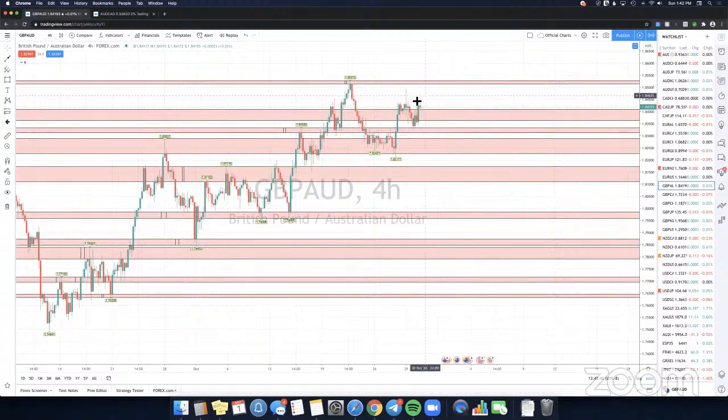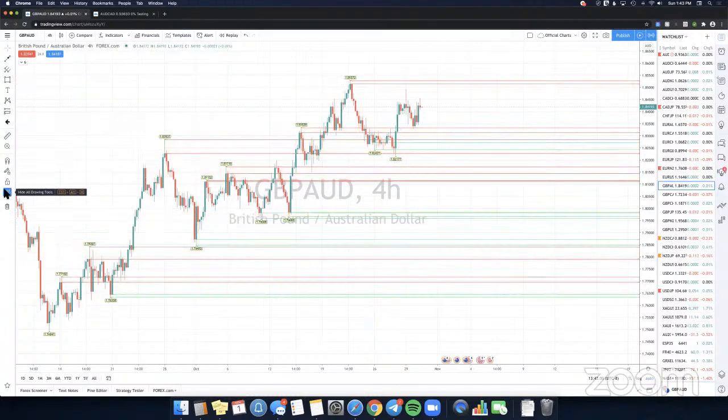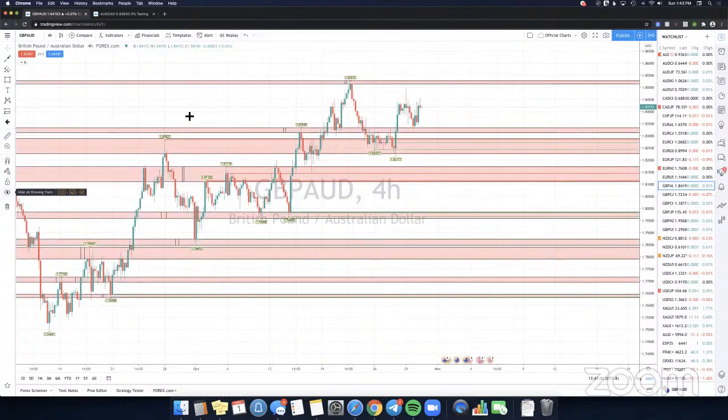I'm going to hide this right there. Going to hide these zones. So that zone is the same. I'm going to delete this one. It's not there anymore. Let's see. Everything else looks pretty much the same for the most part. Yeah, everything looks good.